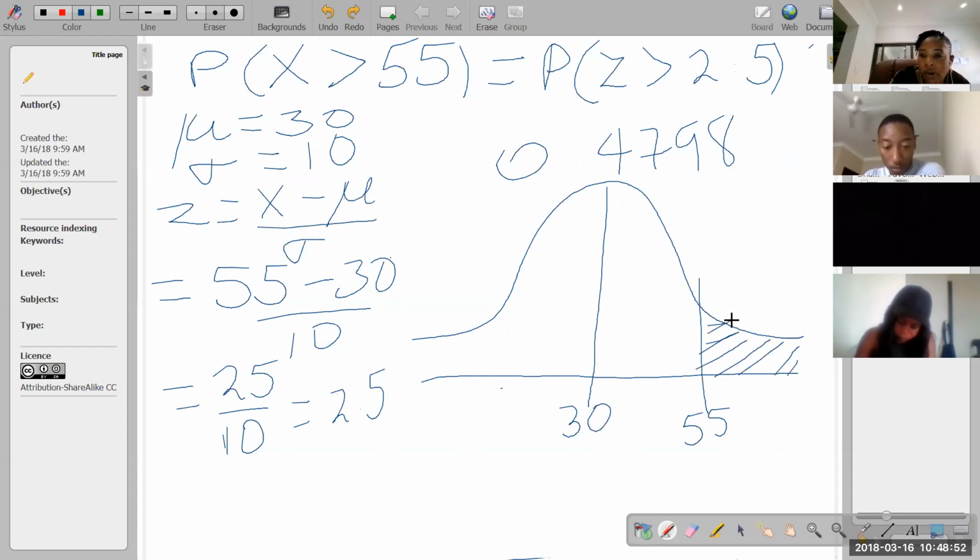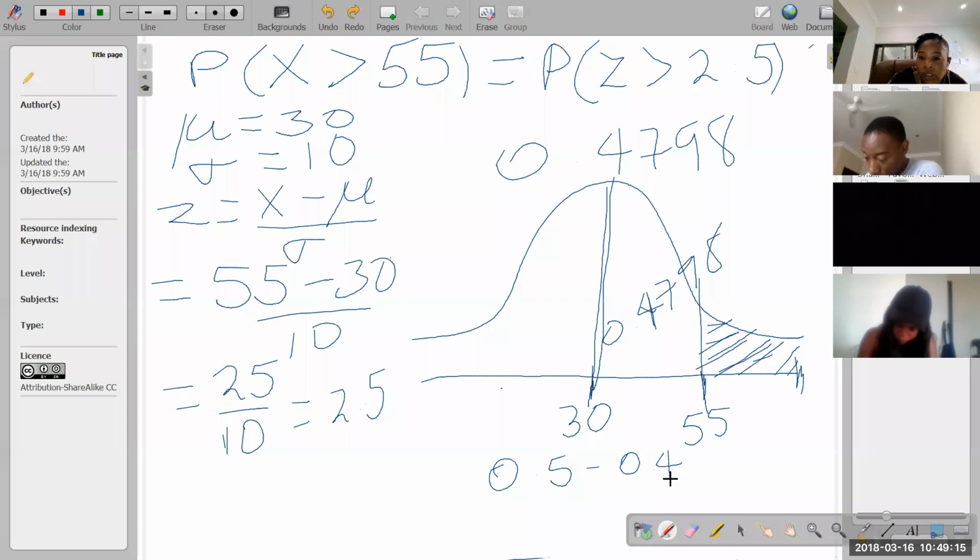So definitely 0.4798 is from this middle area to here. But we know that from this area to this end is 0.5. So this shaded area will be 0.5 minus 0.4798. And that should give us 0.0202.